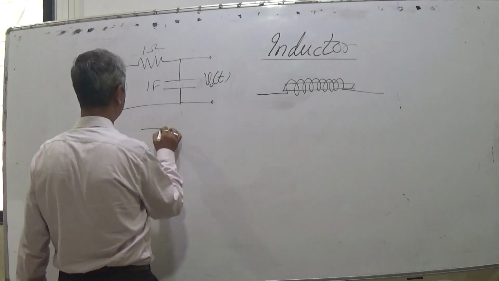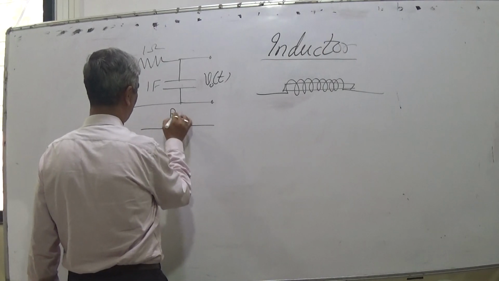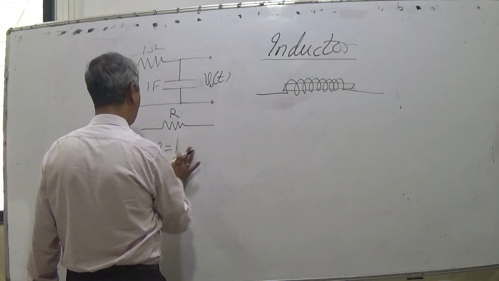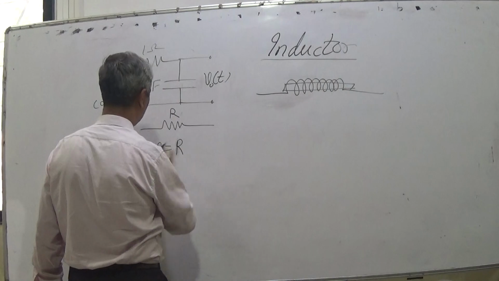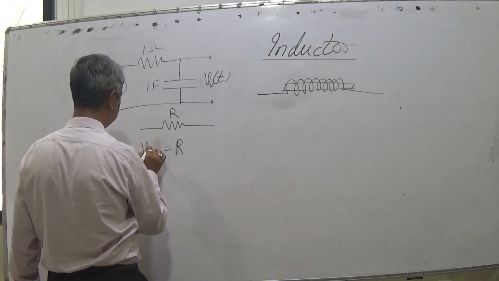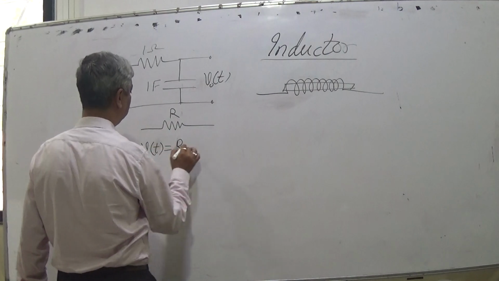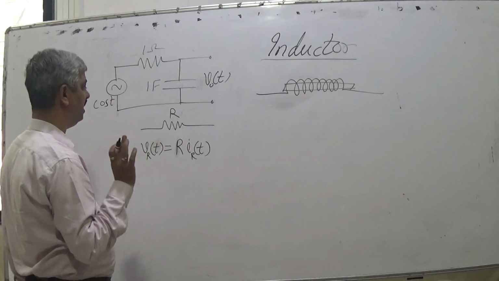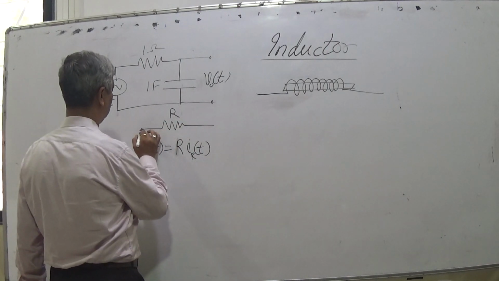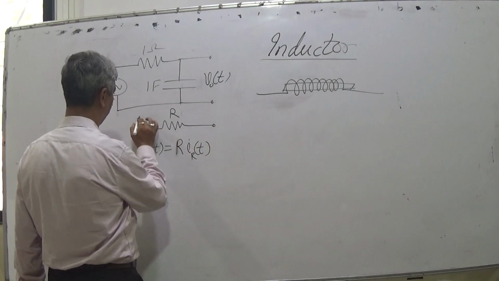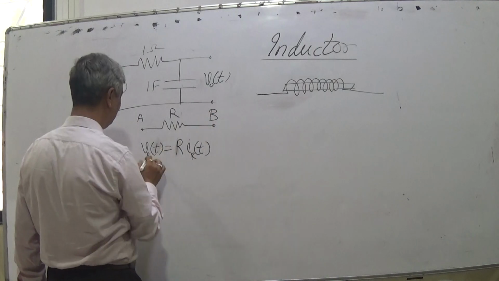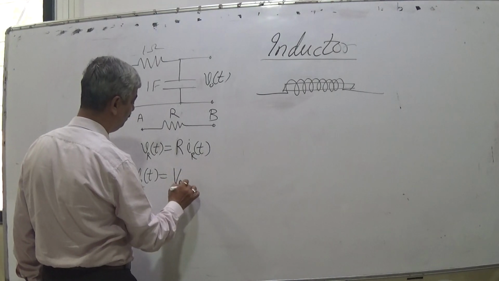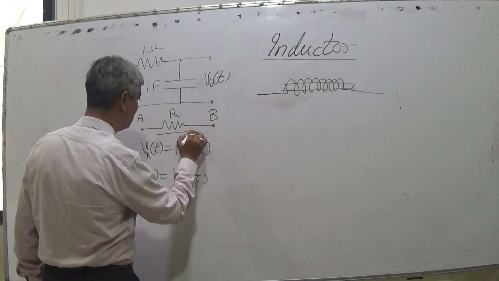So for the resistor, what do we have? V is equal to R into I, or to be very precise, V_R(t) is equal to R into I_R(t), where V_R(t) is V from A to B as a function of t, and this is I_R(t), with the direction also shown.